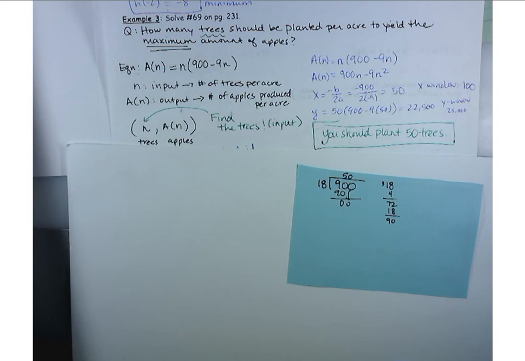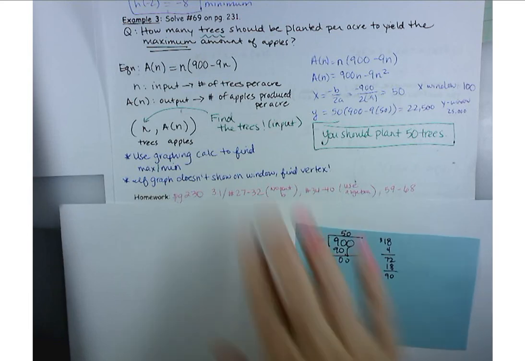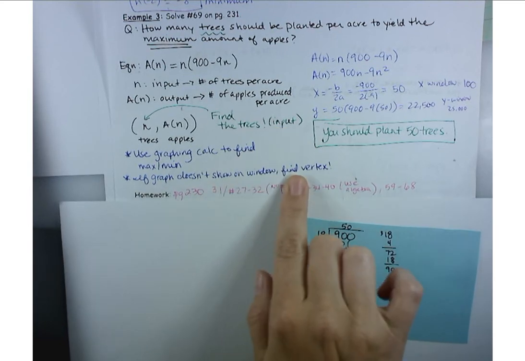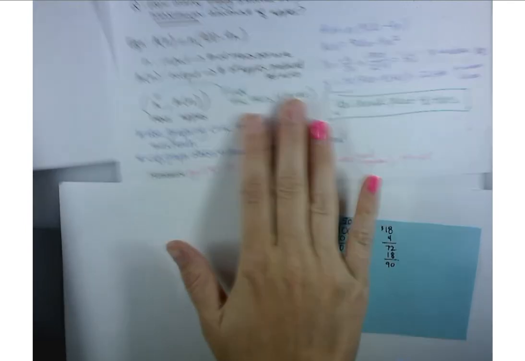Your X value would have to go out to, if this is 50, I usually double it, because if you didn't double it, you'd only see half of the parabola. So if you doubled it, you'd be able to see the full parabola. If you are having trouble finding your window, all you'd have to do is find your vertex, and you would just find it with algebra anyway. Okay, so that's if you were using your graphing calculator.